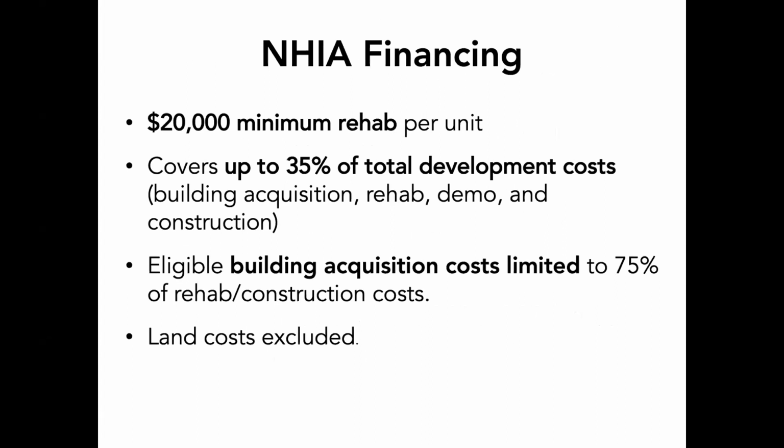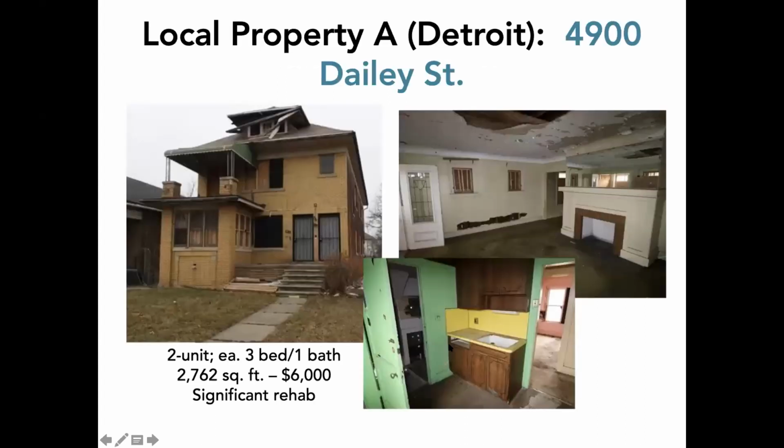Each project would require a $20,000 minimum rehab per unit. The tax credit would cover up to 35% of the total development costs, and eligible building acquisition costs would be limited to 75% of the rehab or construction costs, and land costs would be excluded.